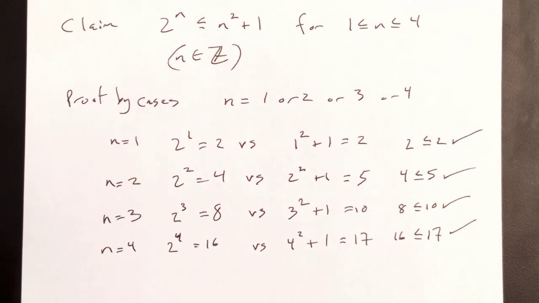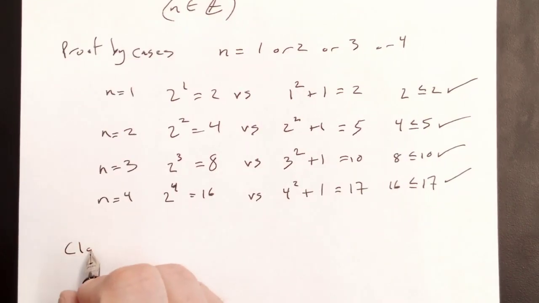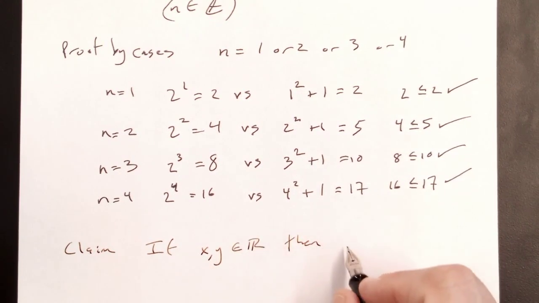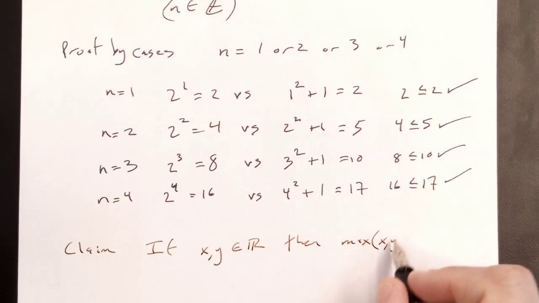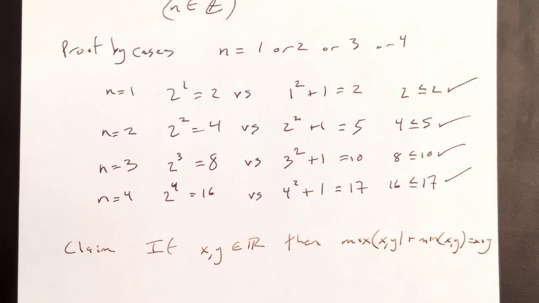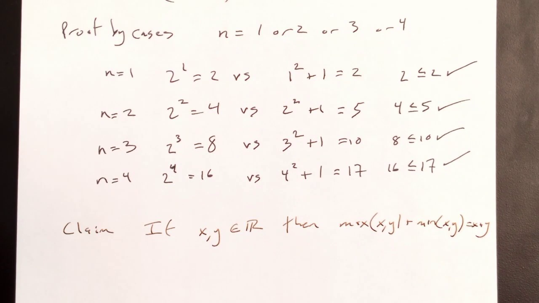An example. If x and y are real numbers, then the maximum of x and y plus the minimum of x and y is the same as the sum x plus y.